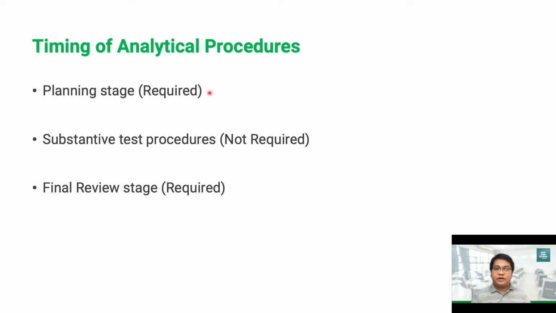Remember, during the understanding phase, we obtain understanding of the business, and by performing analytical procedures, our understanding of the business of the client will be enhanced. Because of that, it is a required part of the planning stage of the audit.